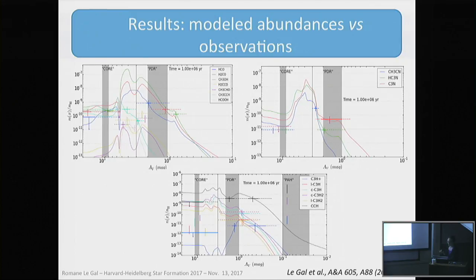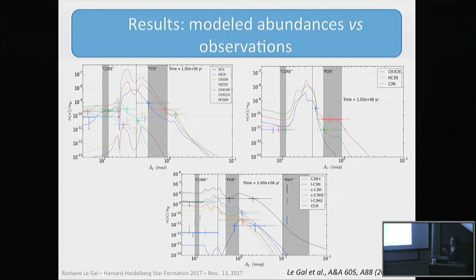What we mostly found from the model is that we could reproduce most of the observations, considering that the observations are probably not all co-spatial, but especially we couldn't reproduce some of the observations.